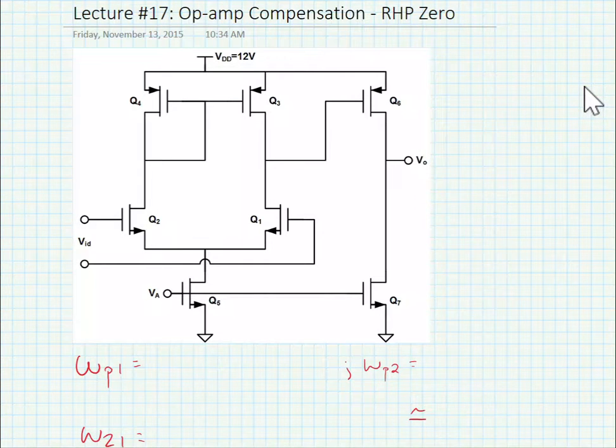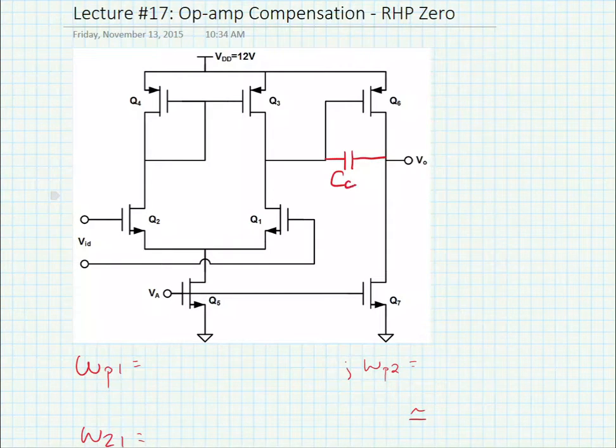Okay, in the last video, we saw that by adding a compensation capacitor to the amplifier, we could potentially make the amplifier more stable. And we determined that the best place to add a compensation capacitor in this two-stage amplifier was between the output node of the first stage and the output node of the second stage.